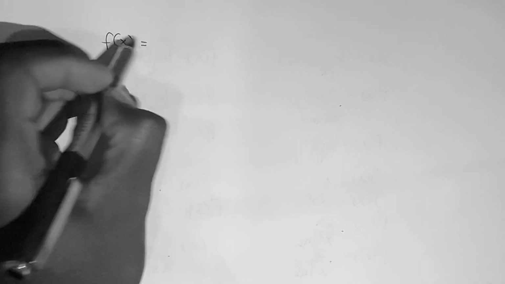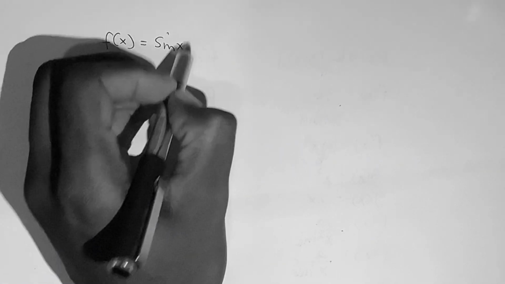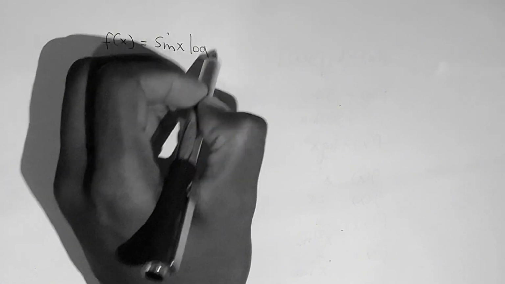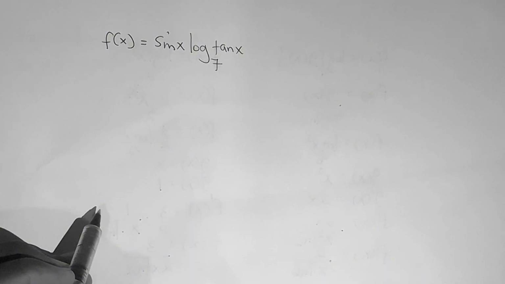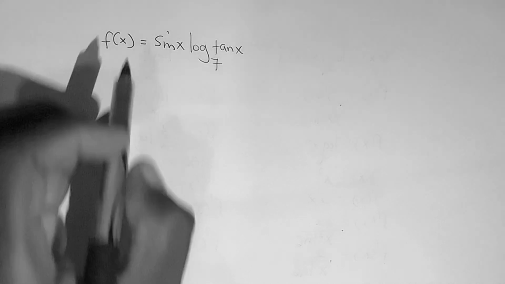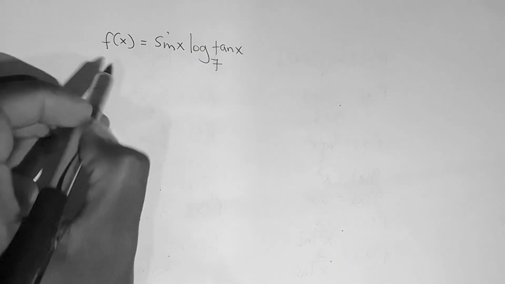What if f of x is equal to sine x log tan x base 7? What is f prime of x? Now, what do we do? We need to use the product rule.